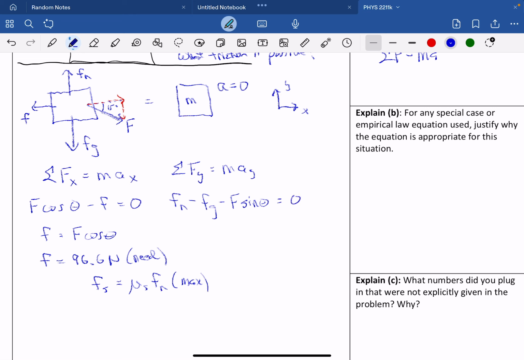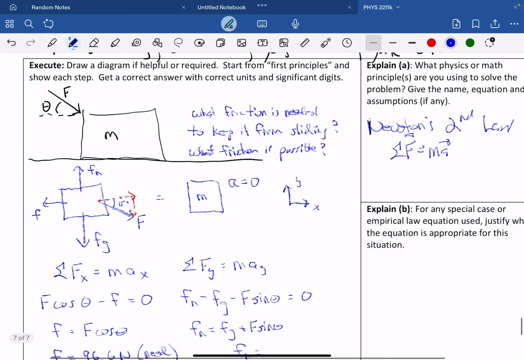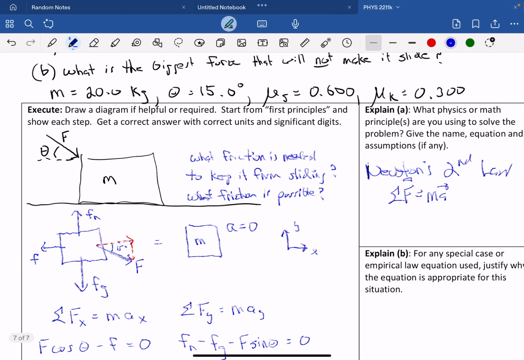Those three forces should add up to 0 because there's no acceleration in the y direction, and this tells us that the normal force is equal to the force of gravity plus F sine theta. So the normal force is equal to the force of gravity, mg, which is 20 times 9.81, plus the applied force of 100 newtons times the sine of 15 degrees.